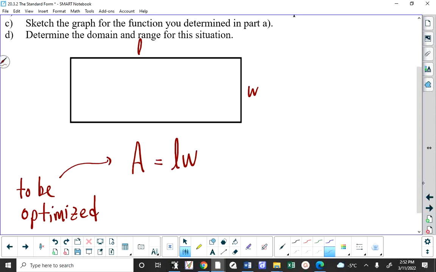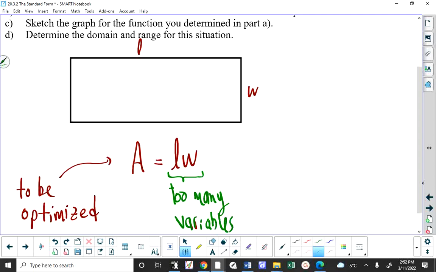Okay? The only problem is this has too many variables. This is the best way I can explain it to you at this level, at this point in time.